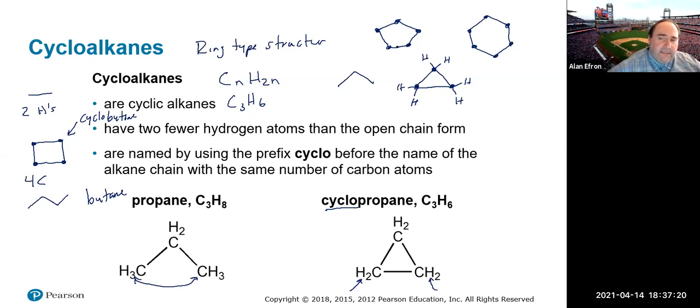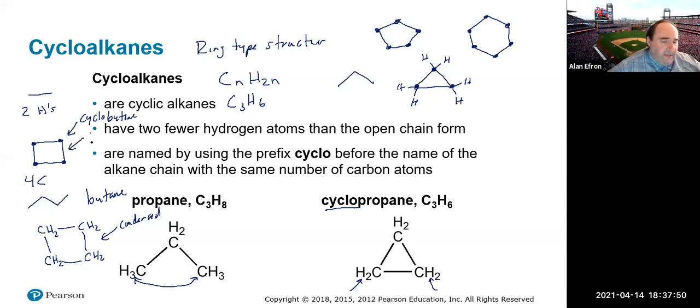These will typically be drawn as line structures a lot of the time because they have these geometric shapes. But if we get down here, there it is, like our cyclobutane, it would look something like this. This would be the condensed formula for cyclobutane.